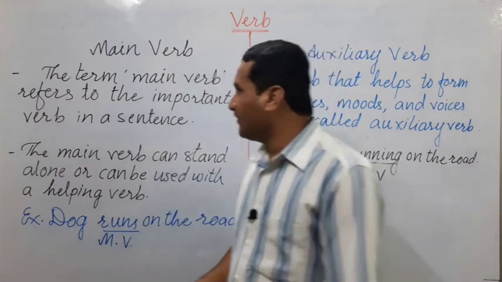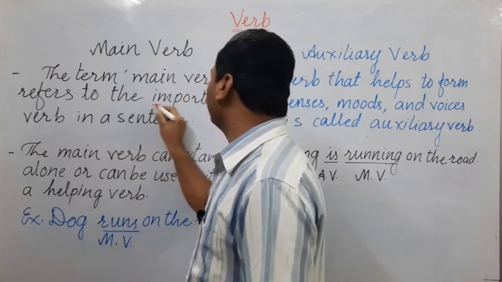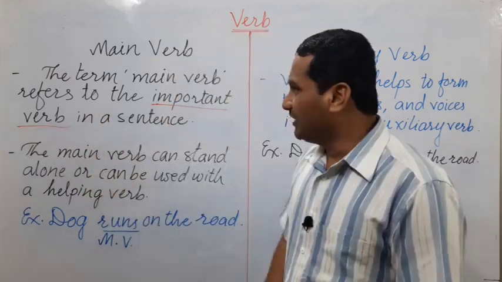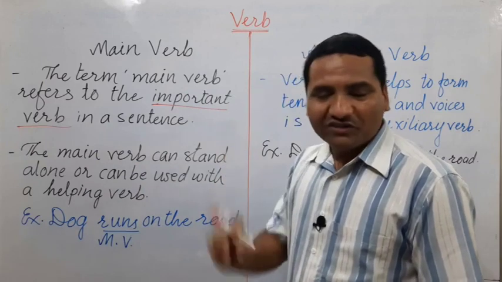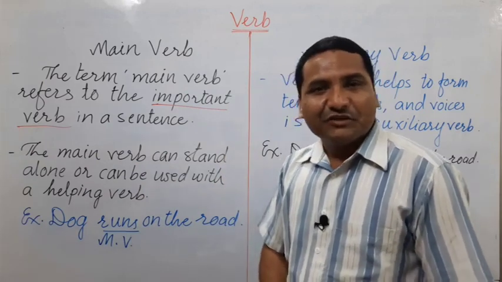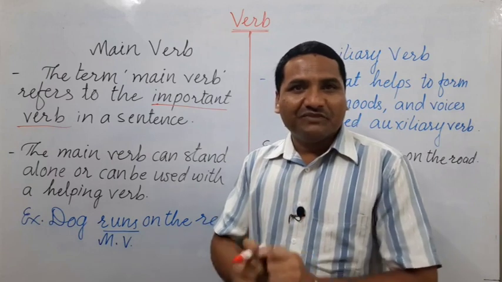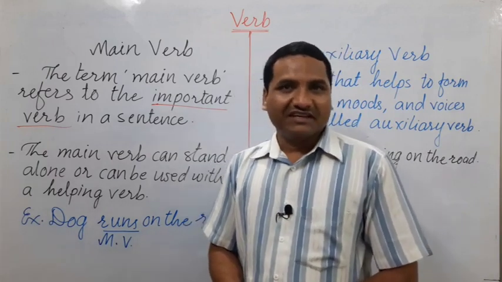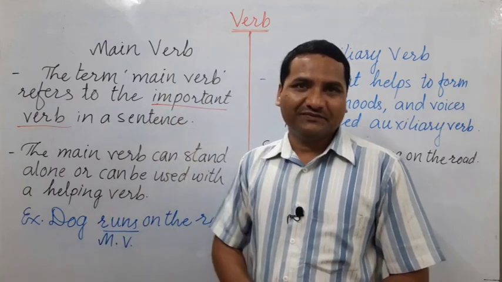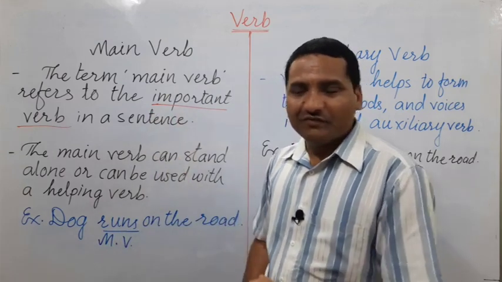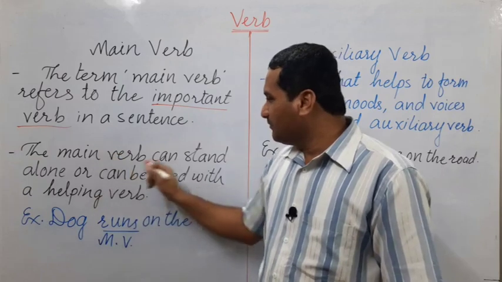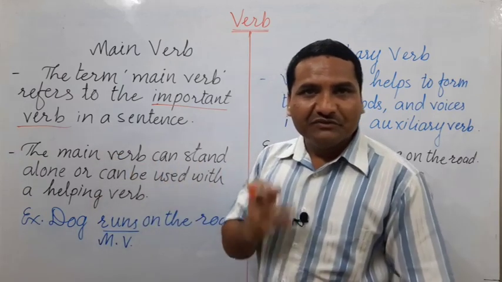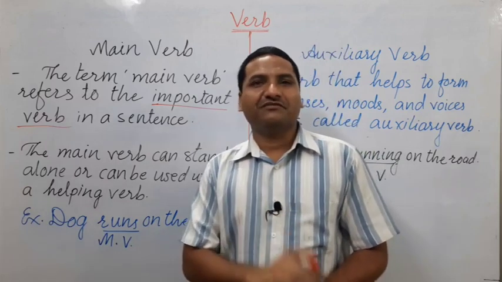Here the important verb must be underlined. Main verb is the important verb in a sentence. Without that main verb we can't complete the meaning of the sentence. That's why it is called main verb. Another feature of main verb is that the main verb can stand alone or can be used with an auxiliary verb.